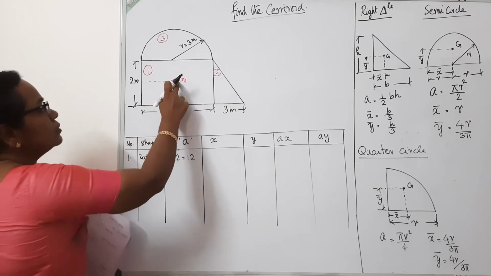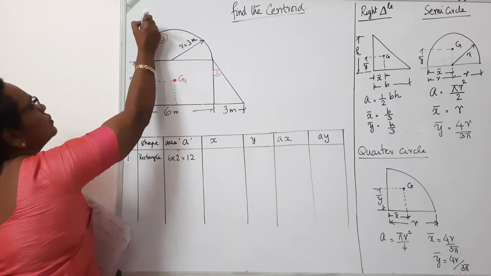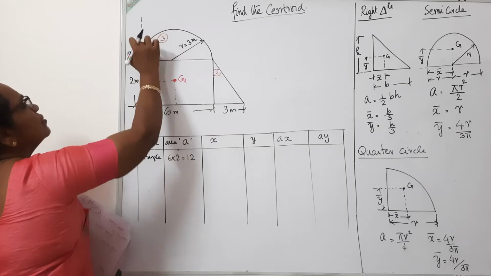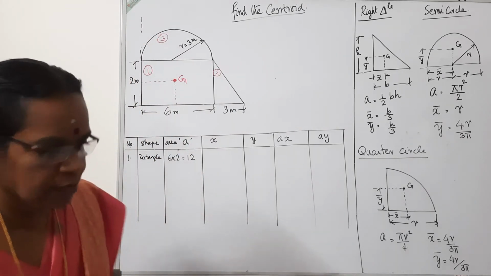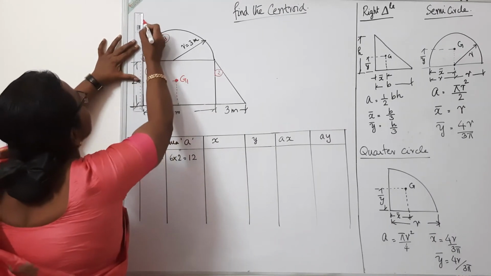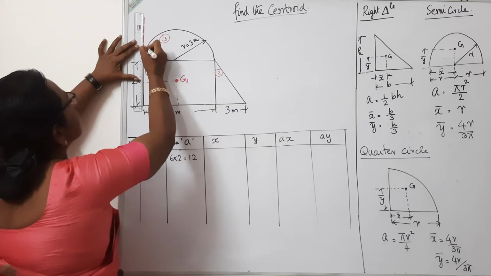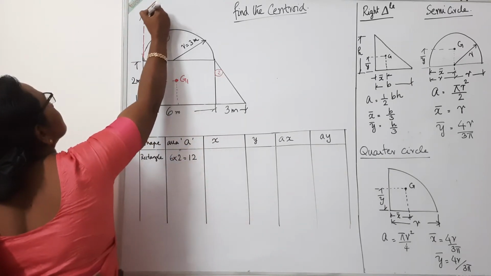Now the distance to G1. We'll take the leftmost line as the reference axis for x bar. Okay, this is the reference axis.